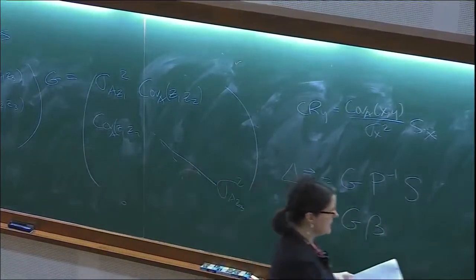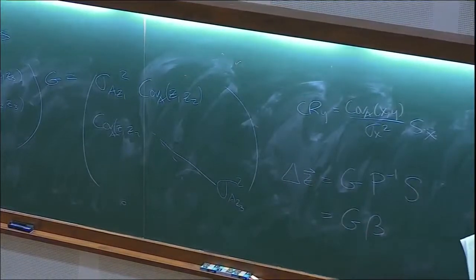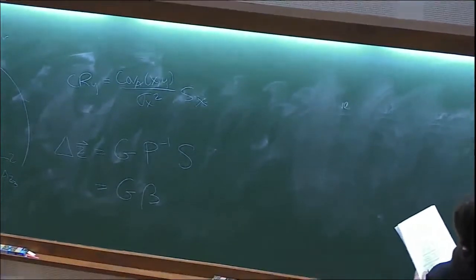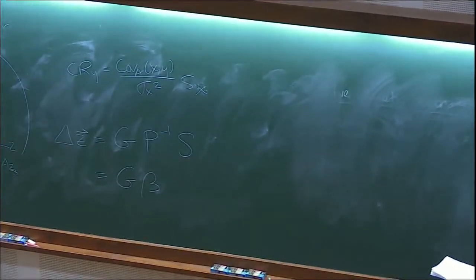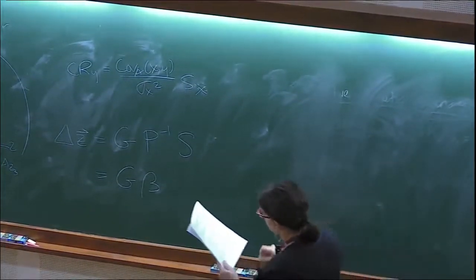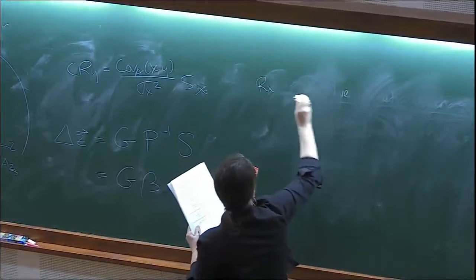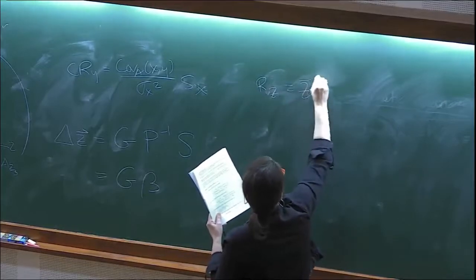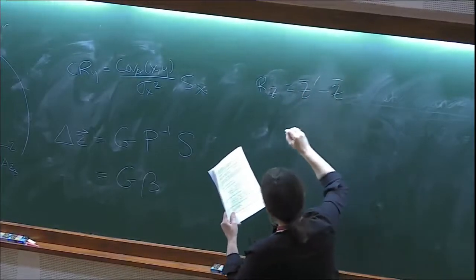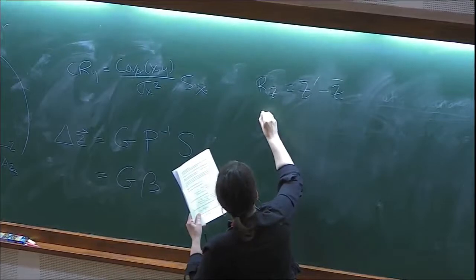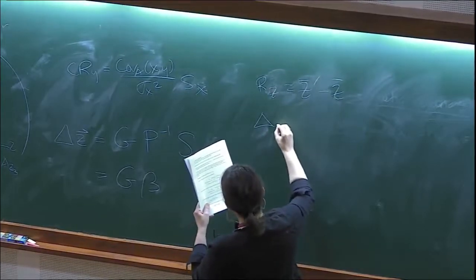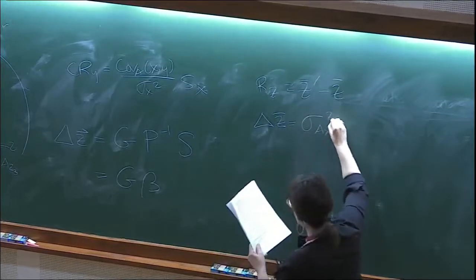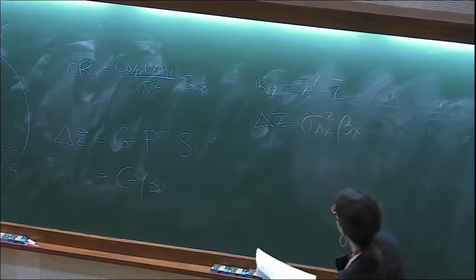Earlier, for a single trait, the response in Z was Z bar prime minus Z bar, and the change in Z bar was the additive genetic variance times beta.